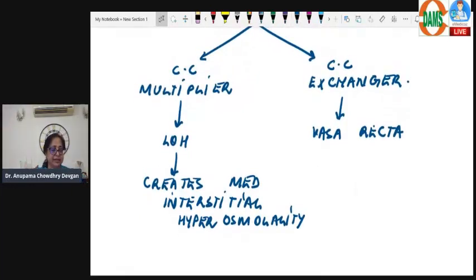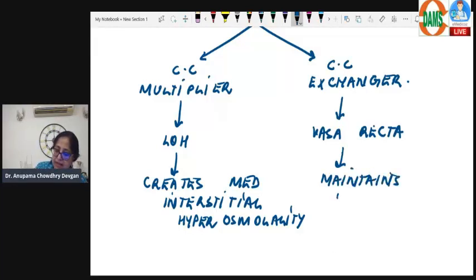There are two countercurrents in the kidney: a countercurrent multiplier and a countercurrent exchanger. Countercurrent multiplier is a loop of Henle which creates medullary interstitial hyperosmolality, and countercurrent exchanger, which is the Vasa recta, maintains the medullary interstitial hyperosmolality.